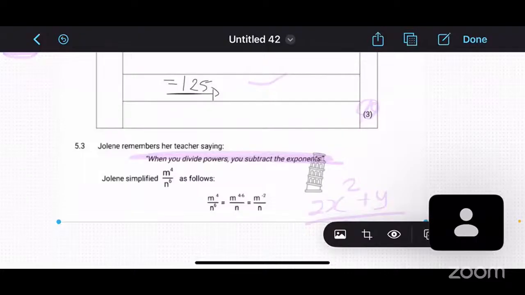She was probably hungry when they were teaching this lesson, and she couldn't hear everything that was being said. So this is what she remembers. When you divide powers, you subtract the exponent. Remember, what are powers? Powers are exponents, so it doesn't make sense, right? Does it? It does make sense.